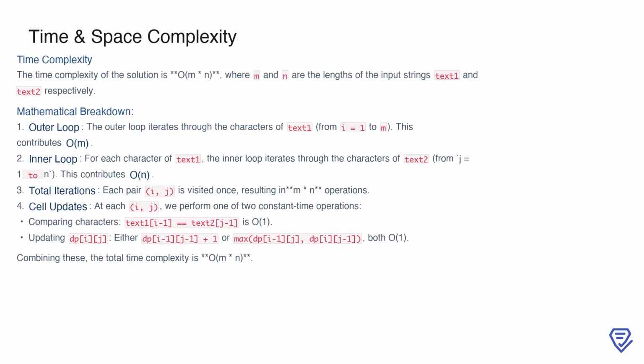This means that each combination of indices i, j is visited exactly once, resulting in a total of m*n operations. At each of these steps, we perform constant time operations such as comparing characters or updating the table based on previously computed values. When we combine these contributions, the overall time complexity is O(m*n).